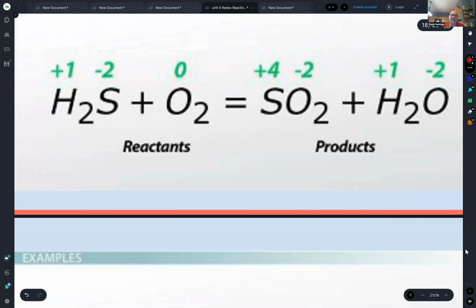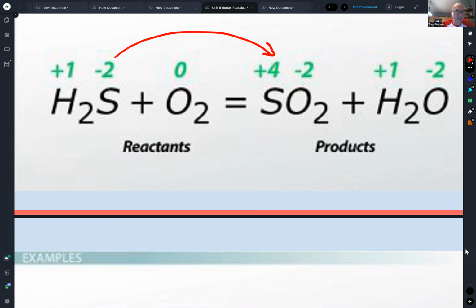Let's take a look at these. The oxidation numbers have already been assigned. We have to look at these and be able to see which one is becoming more negative. Now, I'm not saying that it's a negative value, but has moved towards the negative side. Well, the sulfur has gone from -2 to more positive +4. That is not becoming more negative. In fact, it's becoming more positive. So that one is easy to identify.